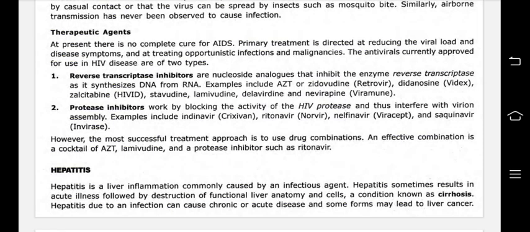Reverse transcriptase inhibitors are nucleoside analogs that inhibit the viral reverse transcriptase as it synthesizes DNA from RNA. Examples include AZT or zidovudine, ritonavir, didanosine, Videx, zalcitabine, stavudine, lamivudine, delavirdine, and nevirapine or Viramune.